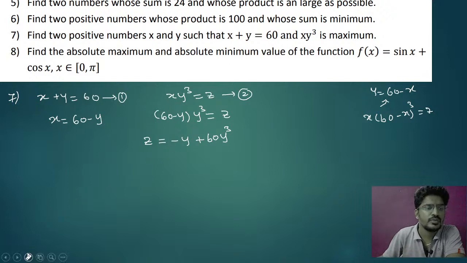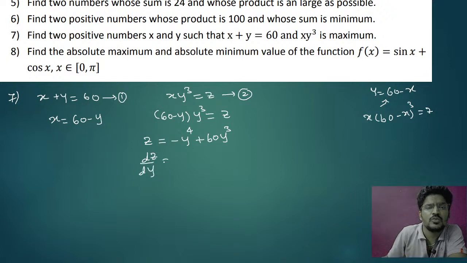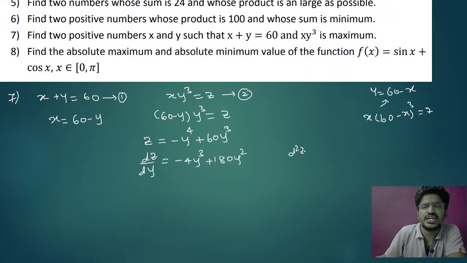Okay. This is y raised to 4 and this is plus 60 y cube. Now we have to differentiate with respect to y. No problem. Minus 4 y cube plus 180 y square. You have to differentiate it again. So if you differentiate it again, minus 12 y square plus 360 y. Okay.